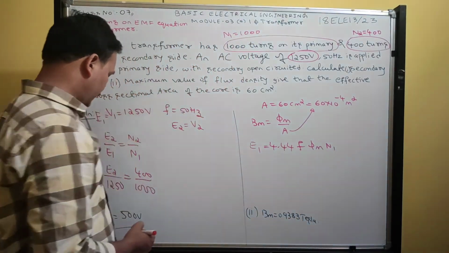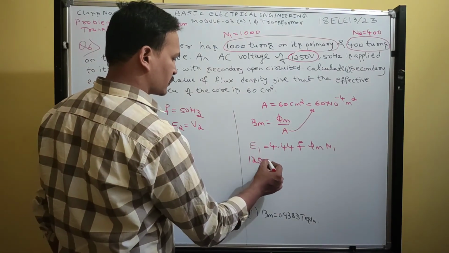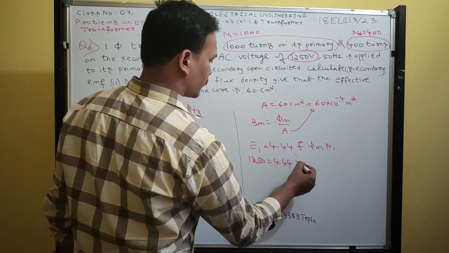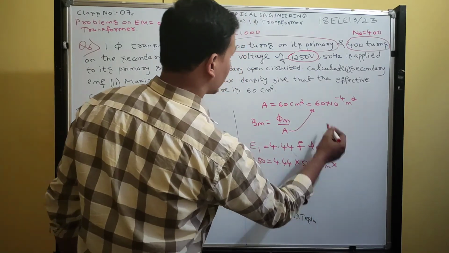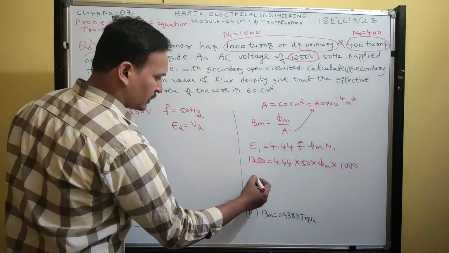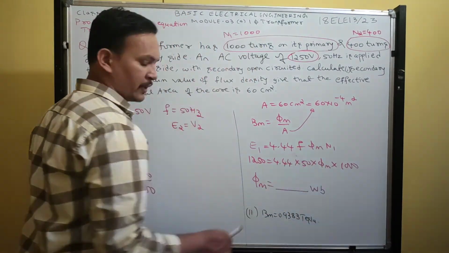What is E1? 1250, the primary voltage. 4.44, what is the frequency given in the problem? 50 Hz. Into flux, we don't know. What are the number of primary turns? 1000. So by solving this, you will get some amount of flux in Weber.